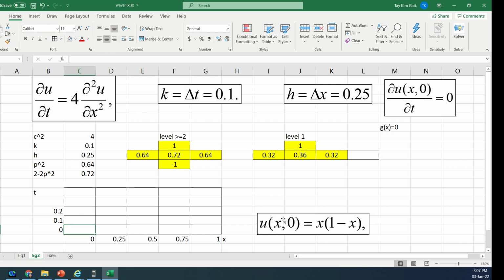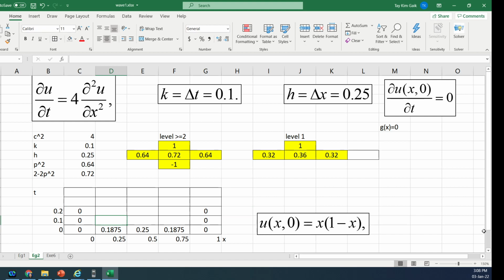The initial condition is when t is 0, u is x times 1 minus x. So you have x times 1 minus x. You see the left boundary and right boundary for the wave equation are always 0, because the string is fixed at both ends.